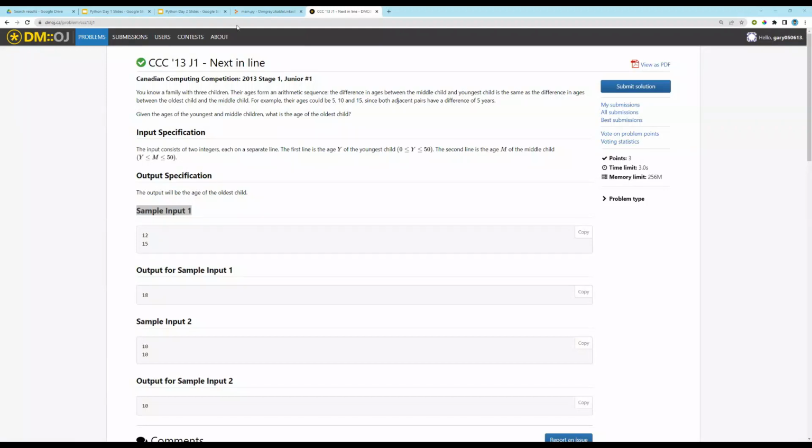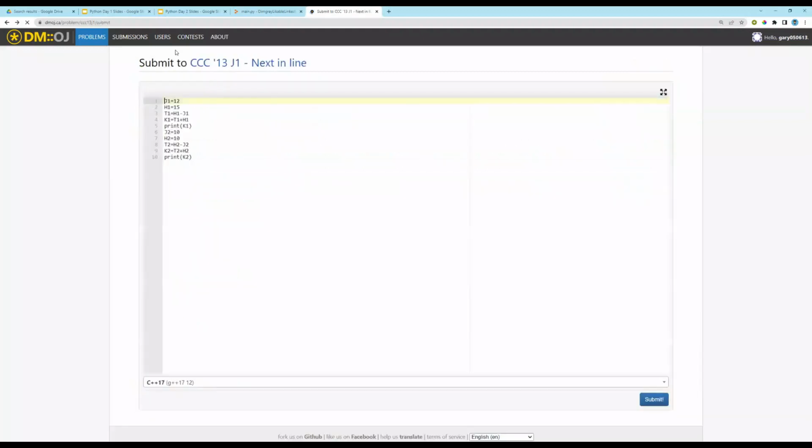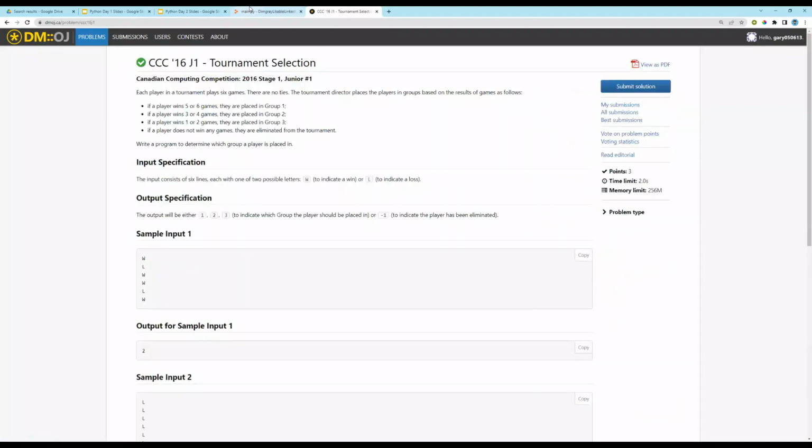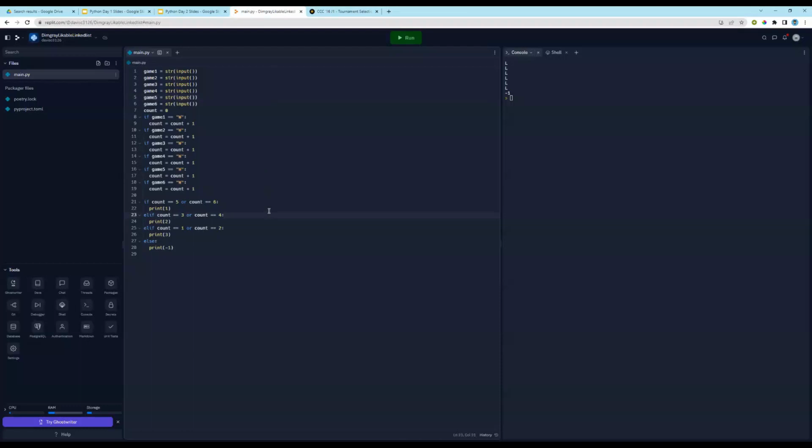So does anyone have any questions on the CC16 problem? Does anyone have any questions on the tournament selection one with the code?